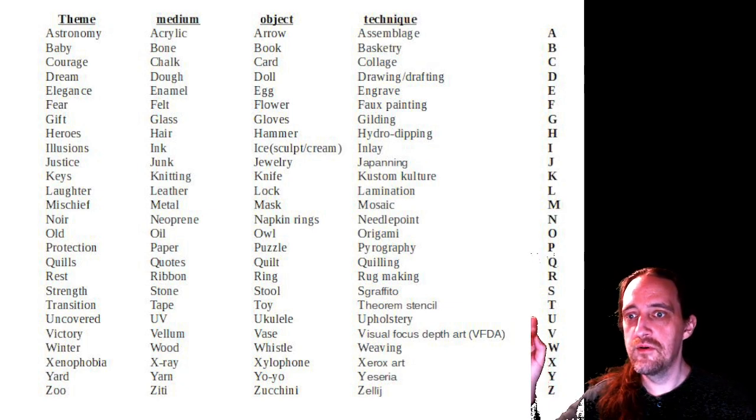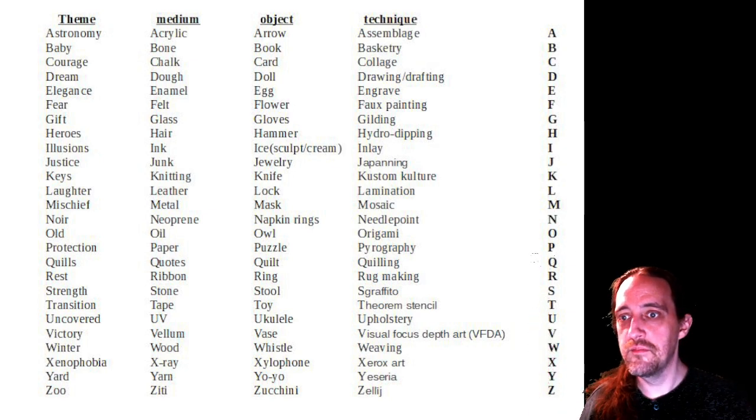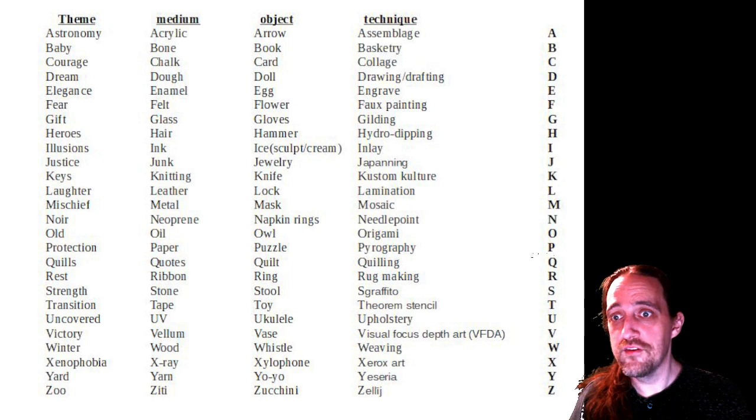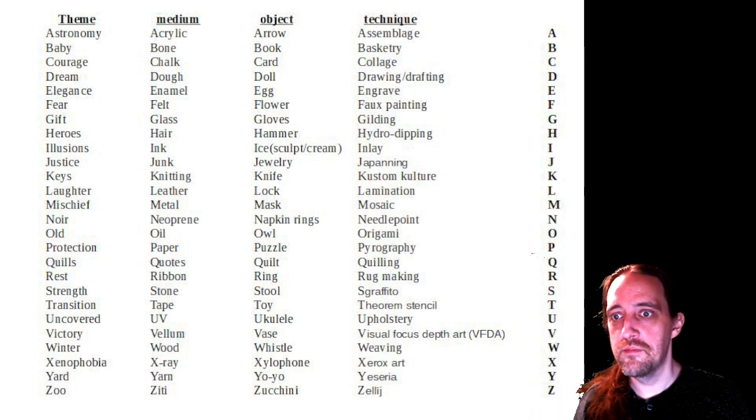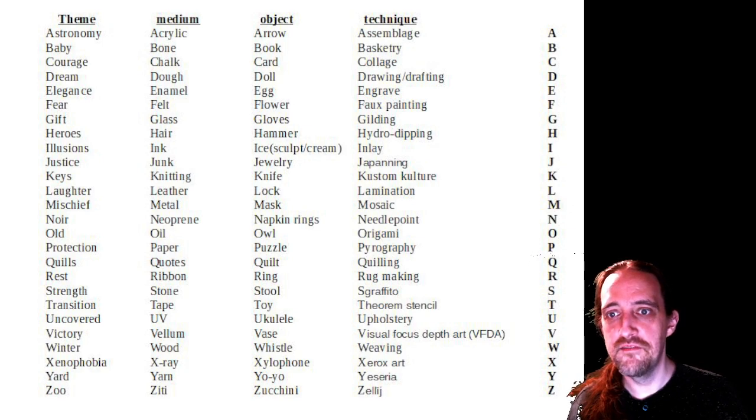If you want to do illuminations with each of these letters for the month of February, that works. Because if you're doing an R, it counts as an R project for that letter of the alphabet.